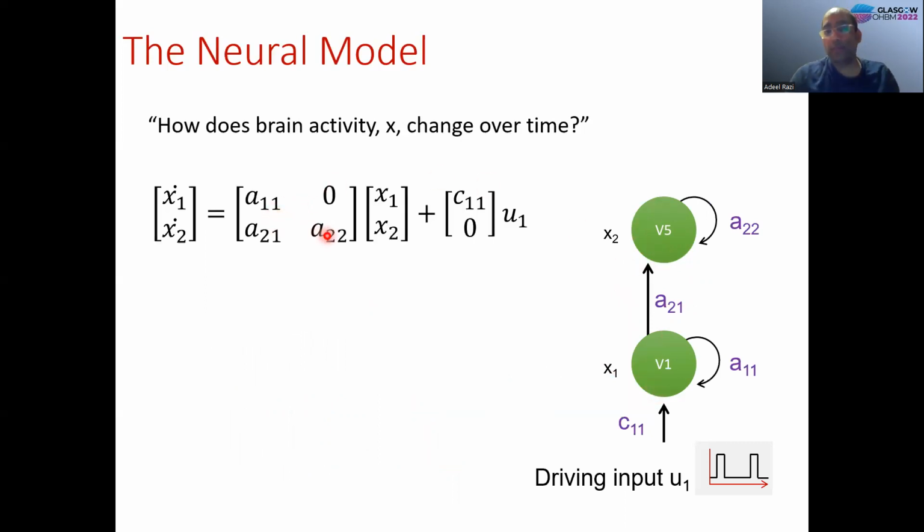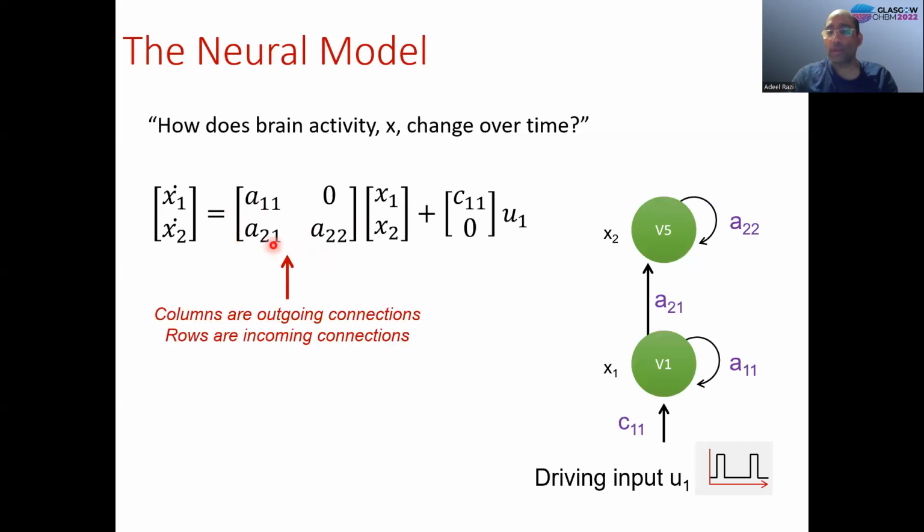Now, we love matrices, right? So we put this into a matrix form. We just concatenate these two activities, and write it down in this form where the columns are outgoing connections and the rows are incoming connections.